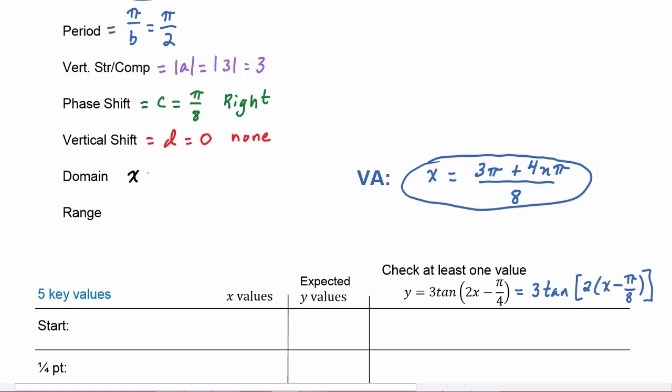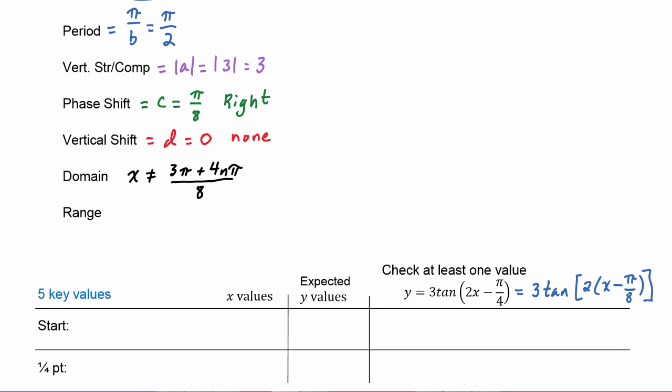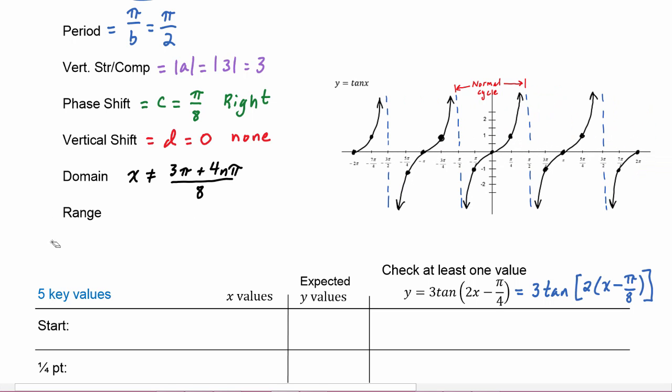So x cannot equal 3 pi plus 4n pi over 8. And the range we know for tangent and cotangent both, the range is all real numbers, so we're going to get negative infinity to positive infinity.